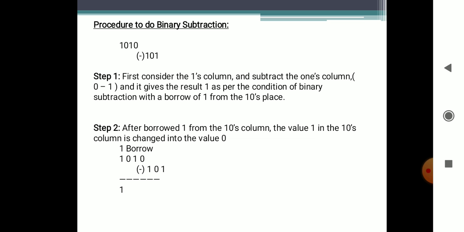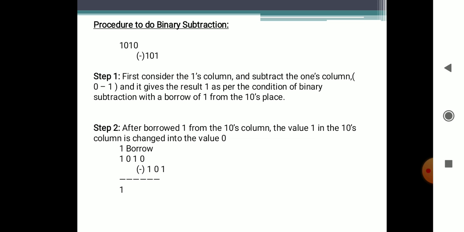Here our 1's column contains 0 minus 1. You know 0 minus 1 gives the result 1 as per the rules of binary subtraction. 0 minus 1 gives 1 with a borrow of 1 from the tens place.